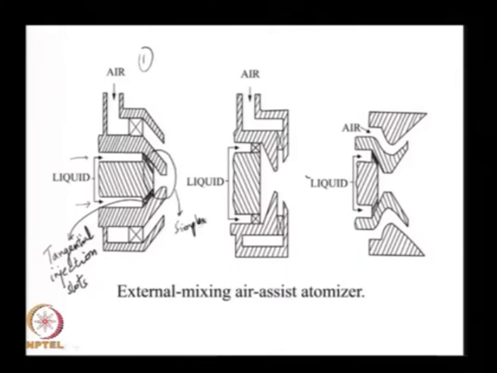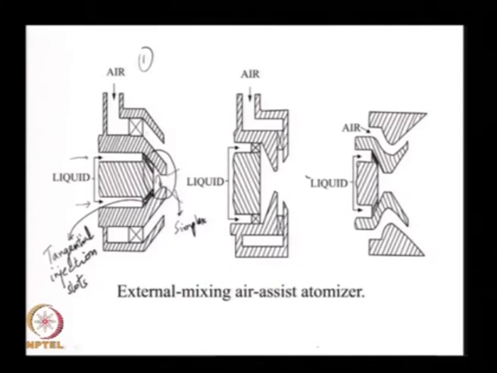I have liquid being injected through a pair or some number of tangential slots, and these tangential slots cause a little swirling action in this region. I have some sort of a spillover of this liquid sheet.